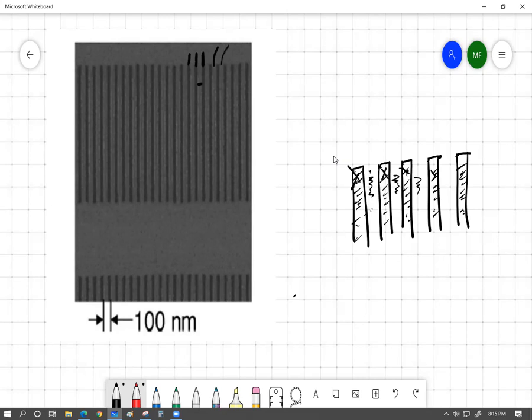Now you might wonder, why do we have so many slits? We just learned about double slit experiments where we had exclusively two sources or two slits. The reason is the size of these slits is very, very small.